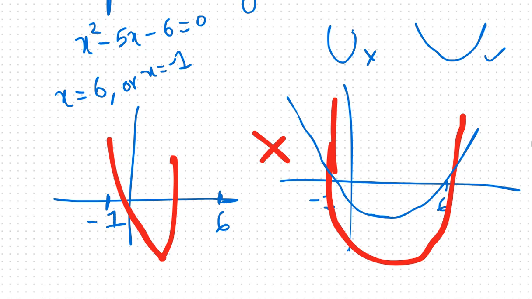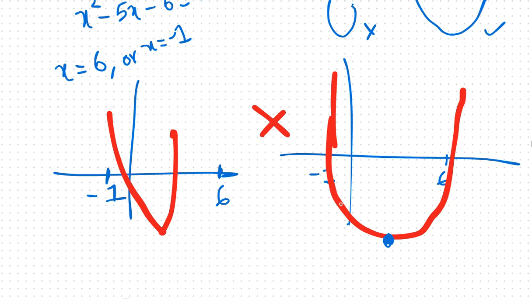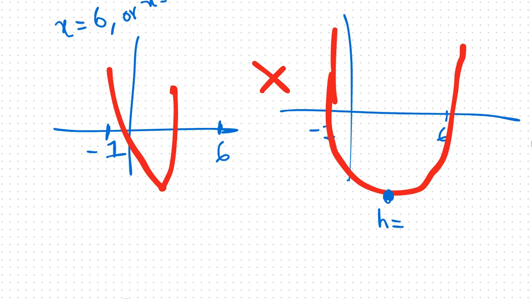Can you tell me the coordinates of this point, the vertex? I can just find the axis of symmetry for the x value. So 6 times negative 1 divided by 2, negative 3 is my x value.